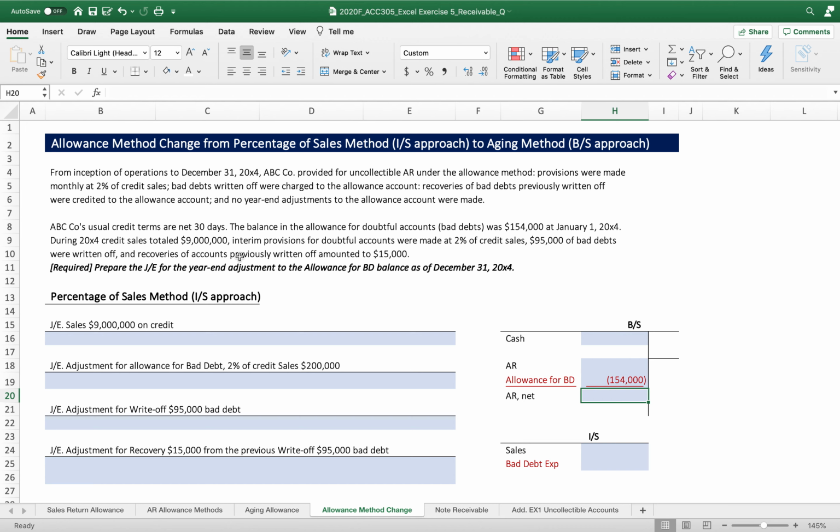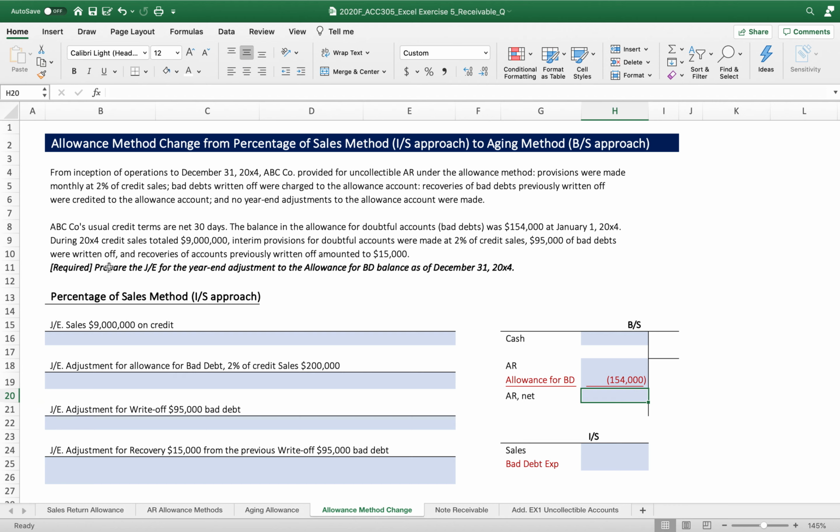And interim provisions for uncollectible accounts were made at 2% of credit sales, as mentioned earlier, and $95,000 of bad debt were written off. Out of 2% times $9 million, we set up 180,000, plus the 154,000 beginning balance of allowance for bad debt. 95,000 of the bad debt are written off.